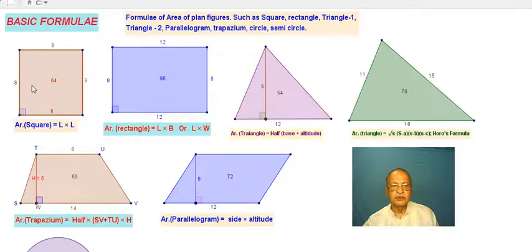But in 4th or 5th class, the area of square and rectangle are there. I hope you have understood the concept of the area of plane figures as well as how to calculate the area.